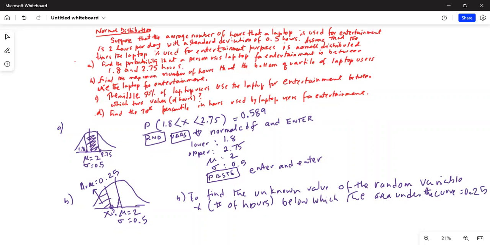We cannot use second vars 2, which is normal CDF.